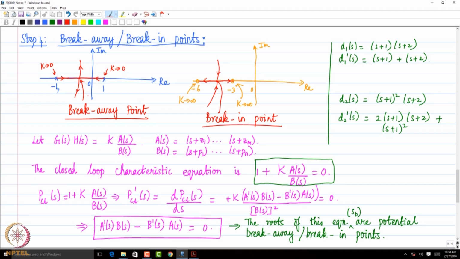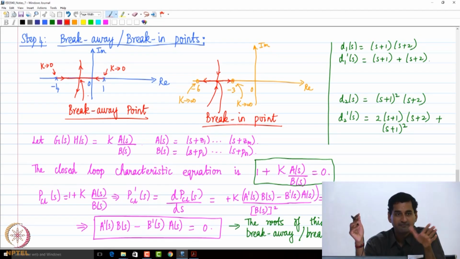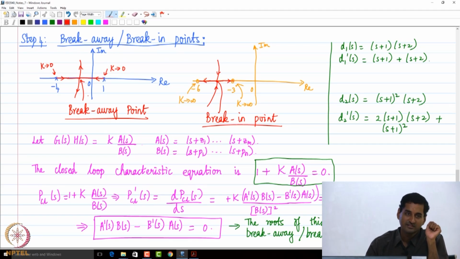If we find out that the value of k is negative, then we can conclude that there is no breakaway point, exactly. So, if the value of k happened to be negative in this particular case, you could have concluded that minus 1.5 is not a breakaway or break-in point. So, that is what you conclude.